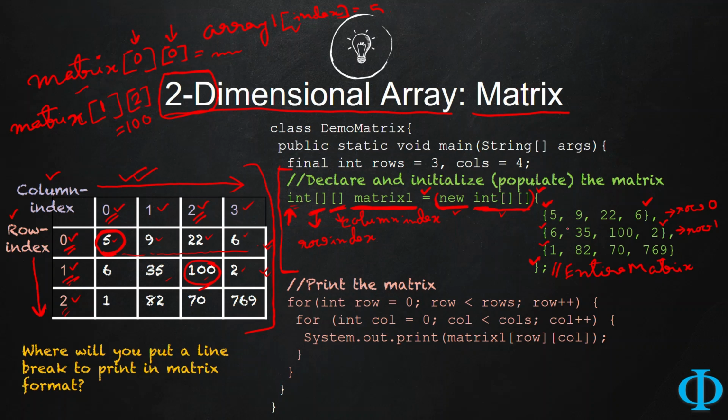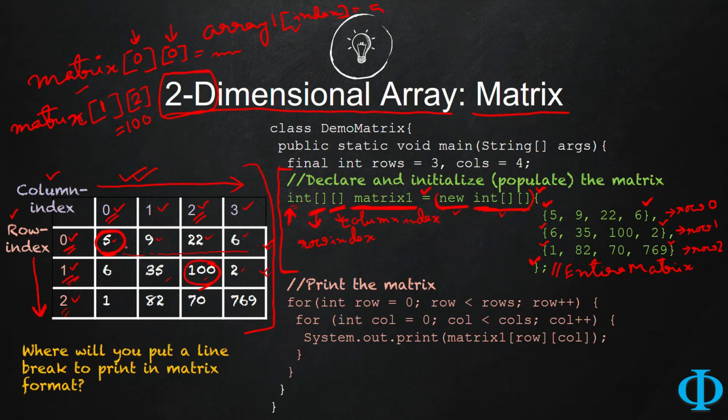The next set of inner opening and closing curly braces is giving you the space for row 2, like this. And inside each row, now you can put all the elements that you want to store inside the matrix.